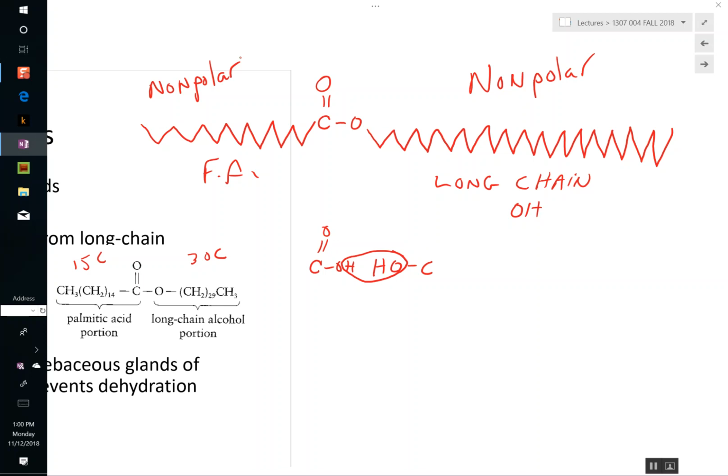All right? Just ants. Just ants. All right? Of course, you're going to get a lot of stings, but other than that. But this is very nonpolar, very hydrophobic, very insoluble in water. Yeah. That's wax. And where does it show up? Basically in bees' hives and in your ears.